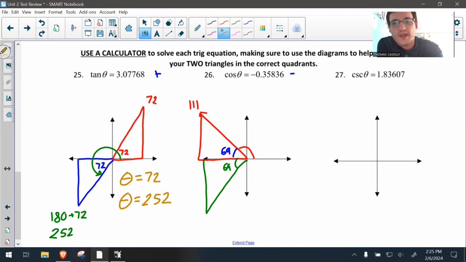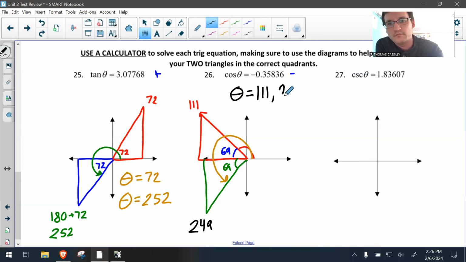All right, so the angle that we're looking for is 180 plus 69, which is 249. All right, so theta, our two answers for theta were 111 and 249.